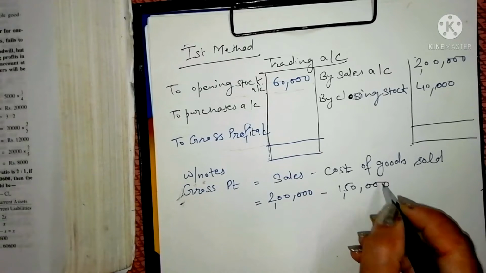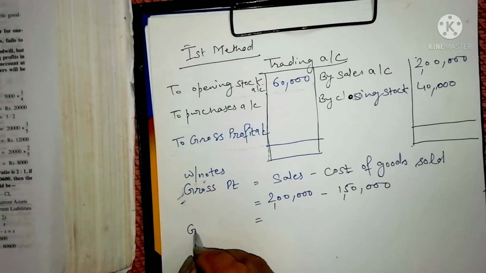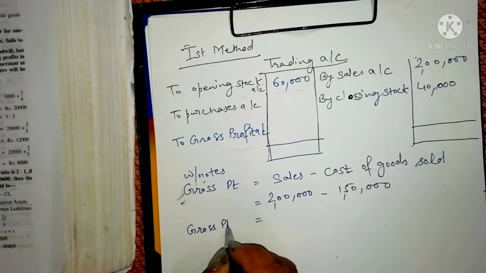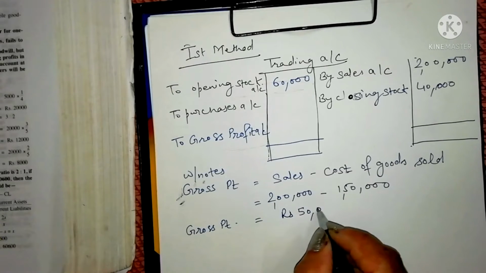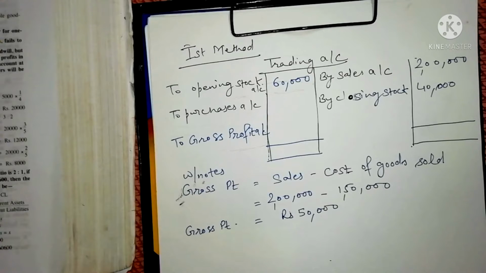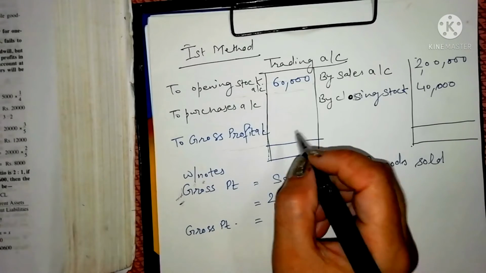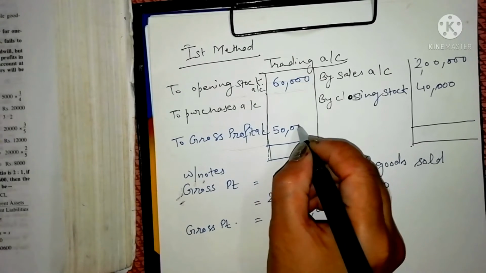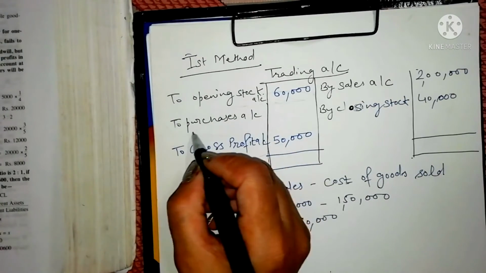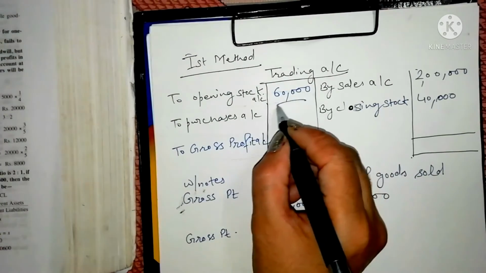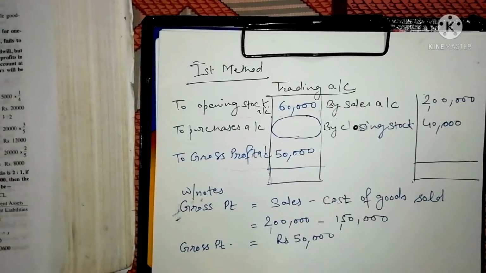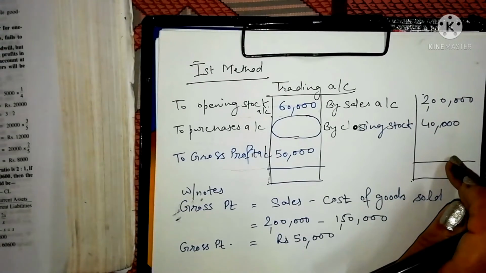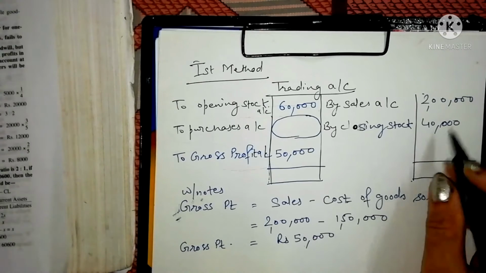But if cost of goods sold is greater than the sales, it represents a gross loss. So here in this question we have a gross profit. The gross profit formula is sales minus cost of goods sold, so 2 lakh minus 1,50,000, and we find the figure of gross profit. We have filled this value 50,000 on the debit side of the trading account.